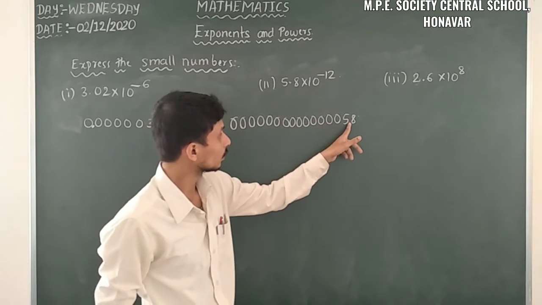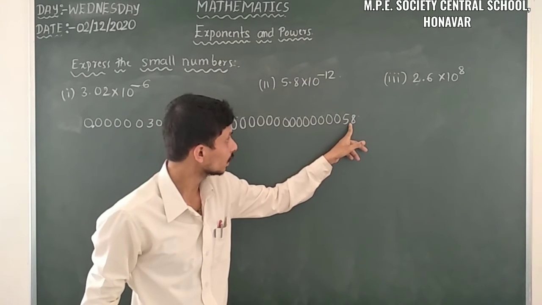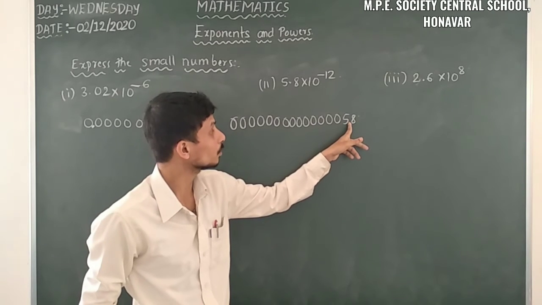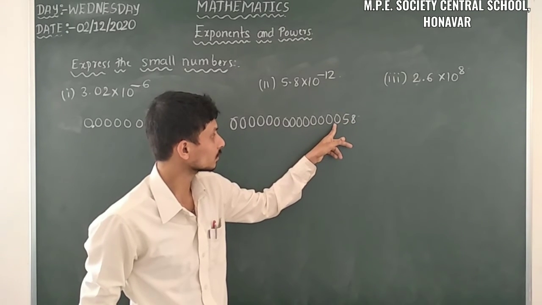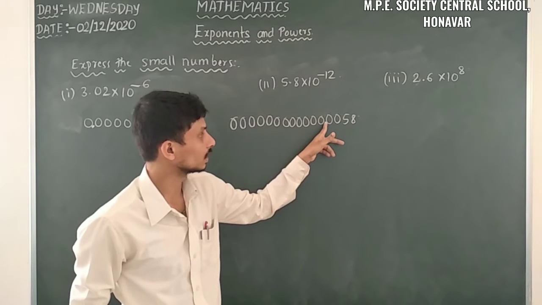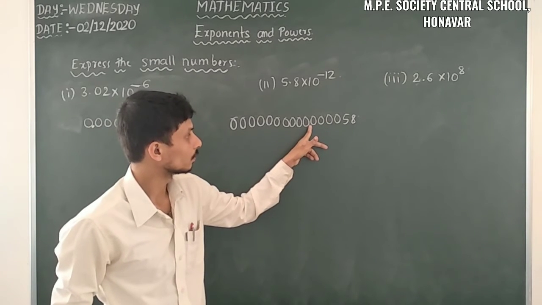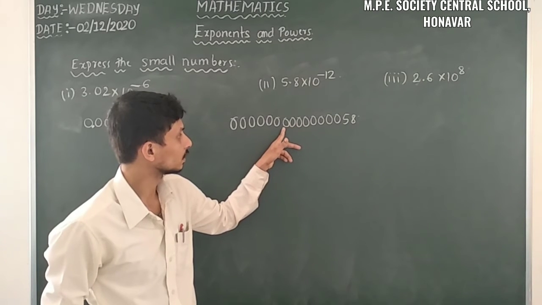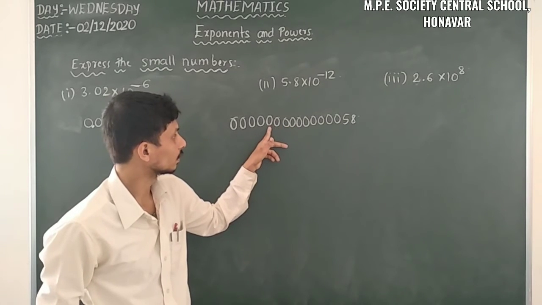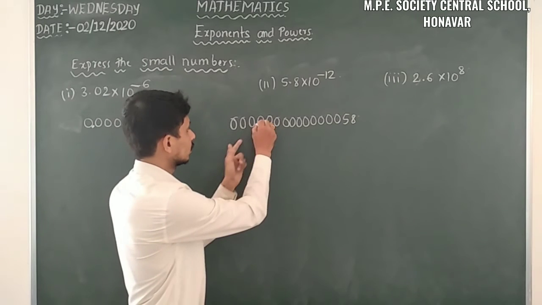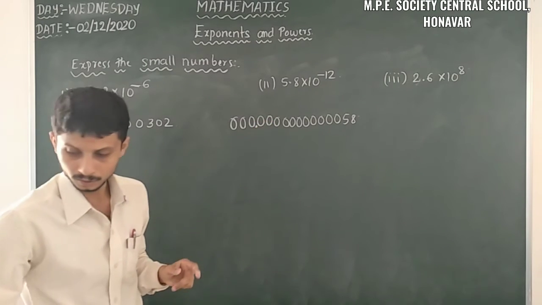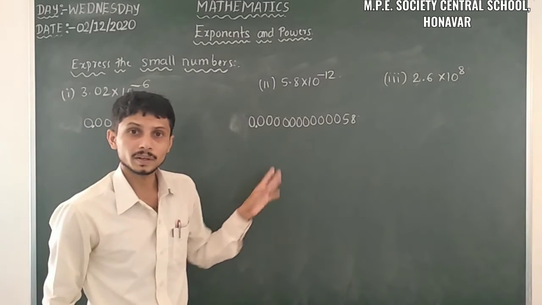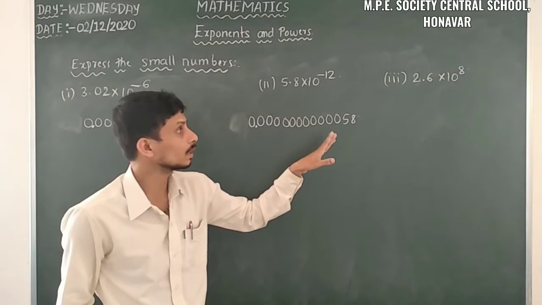Here in between 5 and 8 we have the decimal point. So we have to jump 12 times: 1, 2, 3, 4, 5, 6, 7, 8, 9, 10, 11, 12. Here it is the decimal point. After that we can check whether we get the same or not.